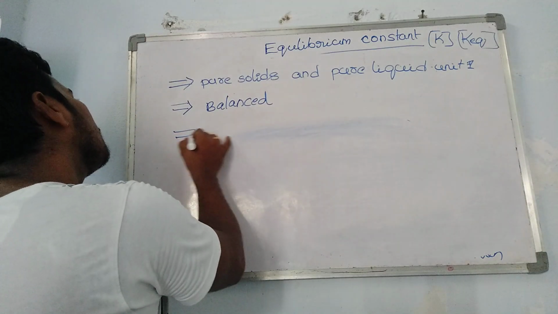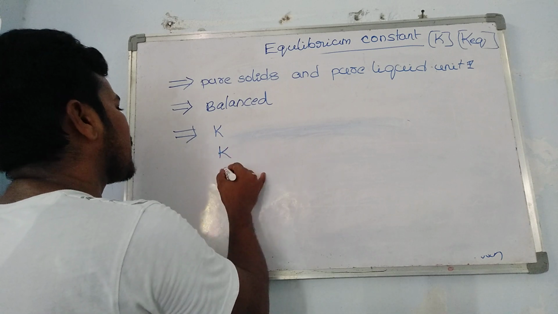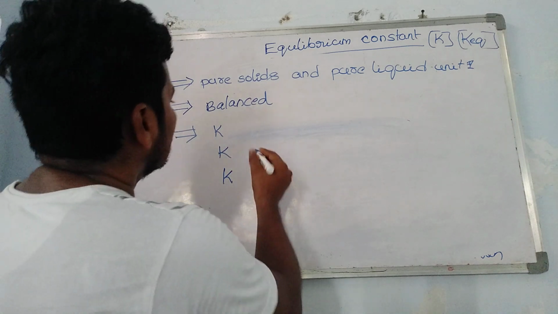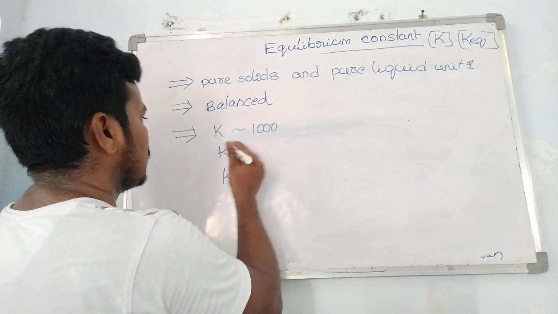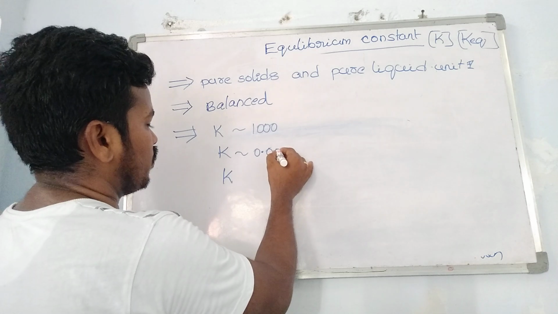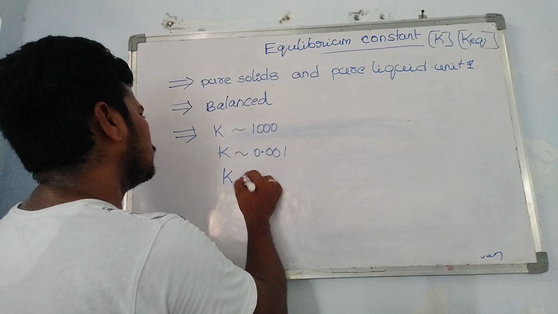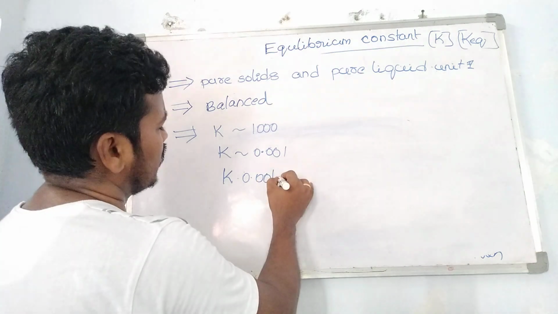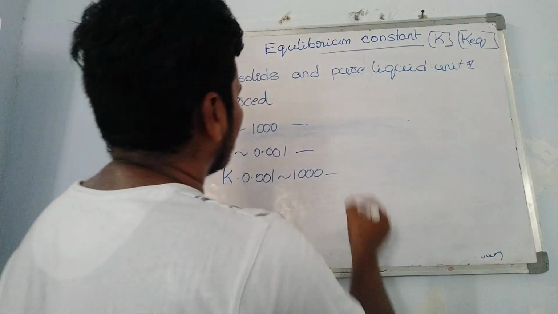For example, if you get the equilibrium constant value like 1000, or below like 0.01, somewhere in the range of 0.001 to 1000, what will happen?